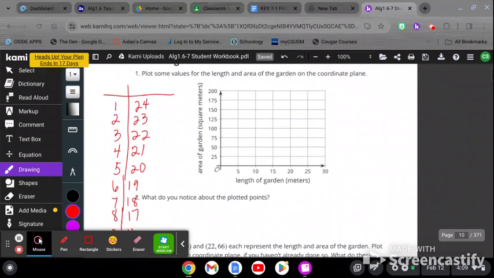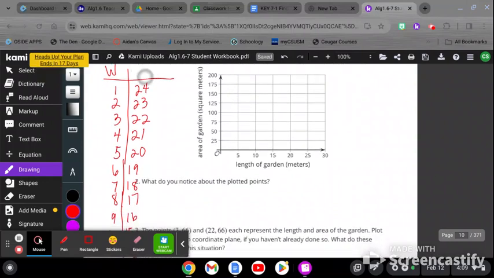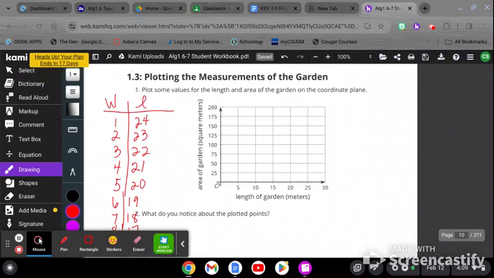So as the width is going up, the length would have to go down.